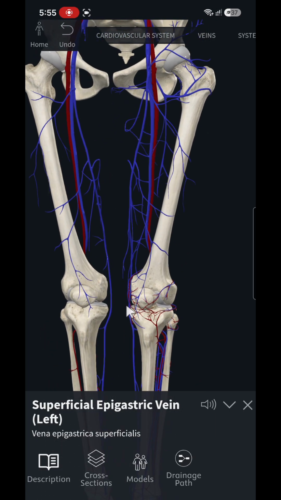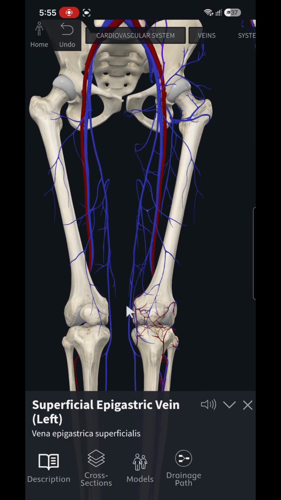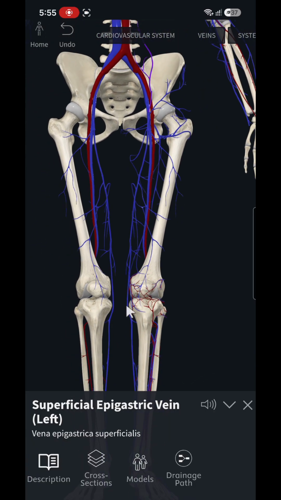Okay, so now let's start. We're talking about the lower limb, so let's start with the arteries, okay? The lower limb starts with the femoral artery, which is an extension of the external iliac artery. So basically this is the common iliac, right?